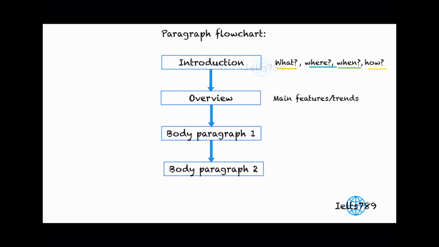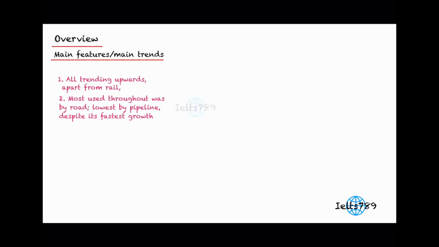Okay, let's go back briefly to the overview, which contains the main trends or features. Keep in mind that these trends will be our guide in writing the 2 body paragraphs. This means we need to plan how to assign these trends into 2 coherent and cohesive paragraphs.